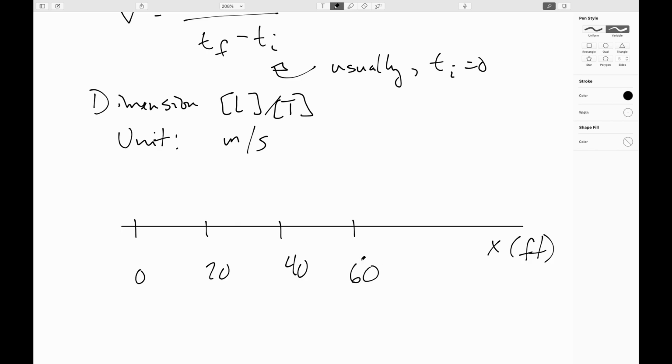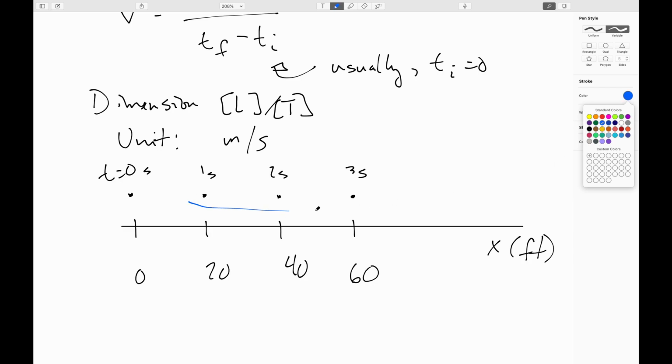In this particular case, the person is moving fairly uniformly. So this is t equals 0 seconds, this would be 1 second, 2 seconds, 3 seconds here. Let's say we are interested in the average velocity over the time interval from 1 to 3 seconds, just to make this concrete.